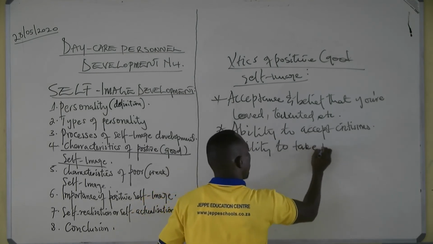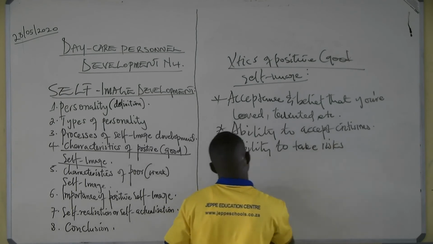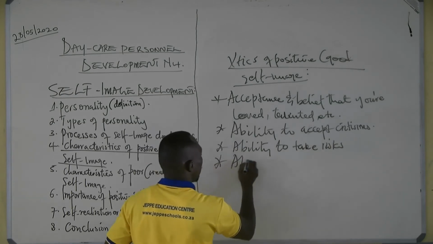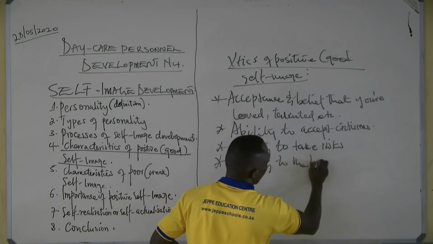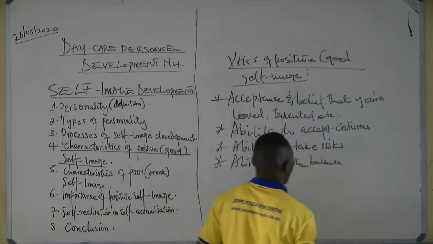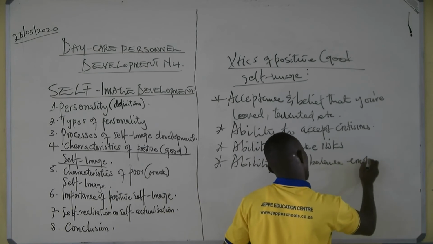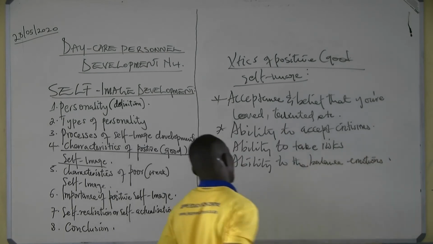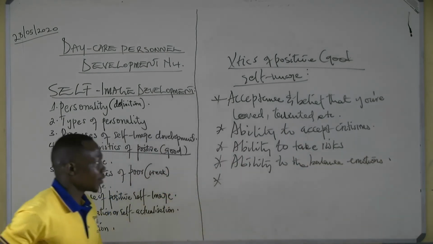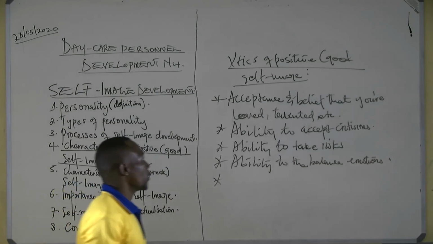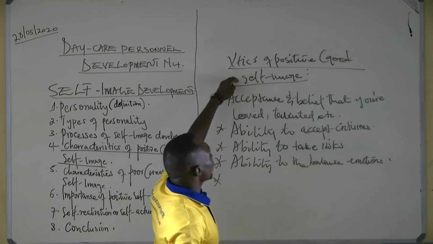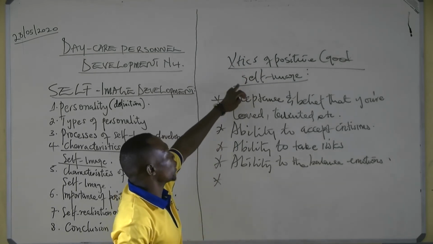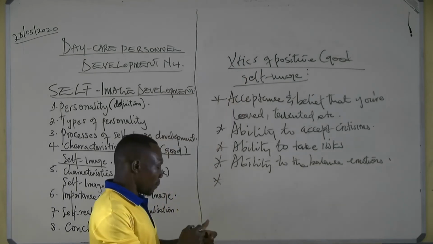Three, ability to take risks, and also ability to balance emotions. Yes. And then others. That's your task to give more.